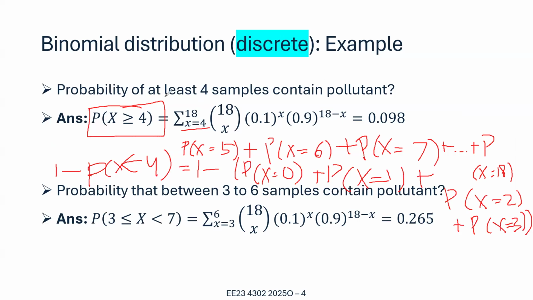Again, because this is the probability mass function, the sum should be 1, so this part and this part should be the same. Sorry, I forgot that this is more than or equal, so we have x equals 4, and so on.